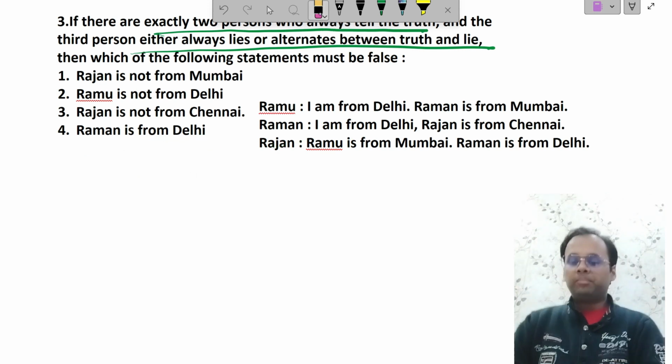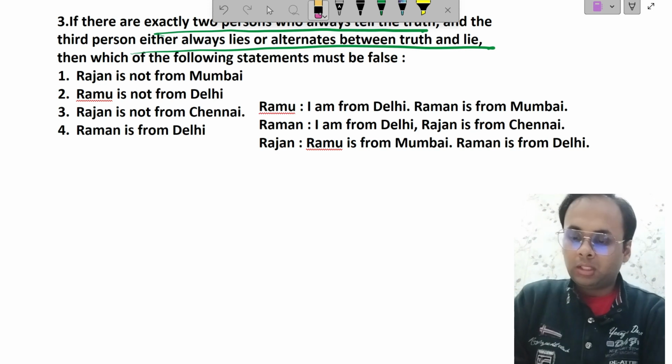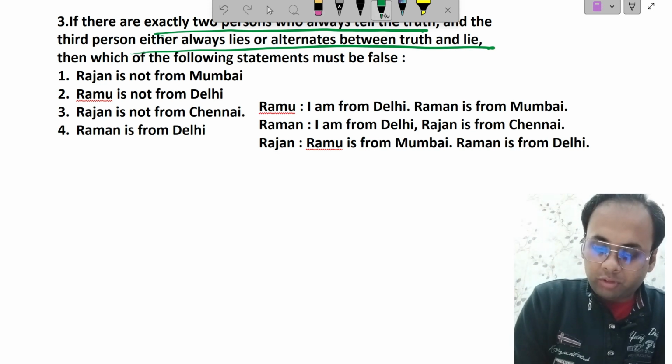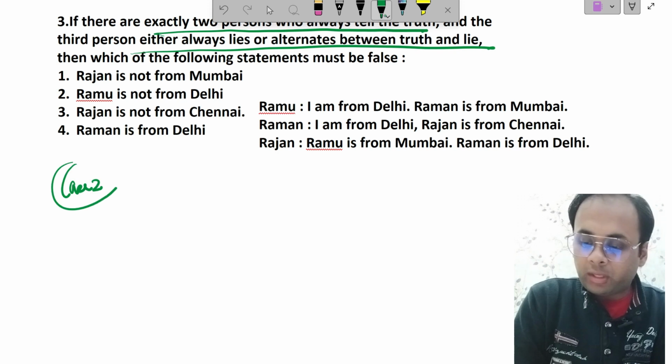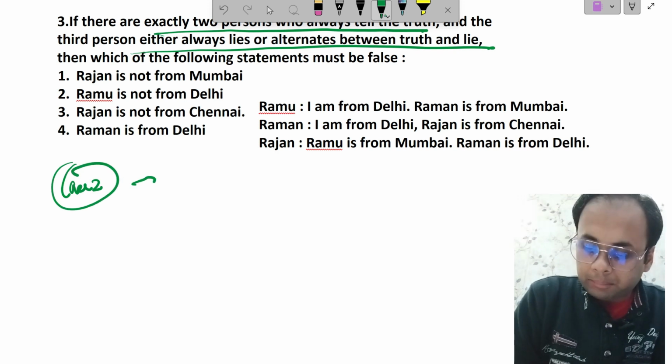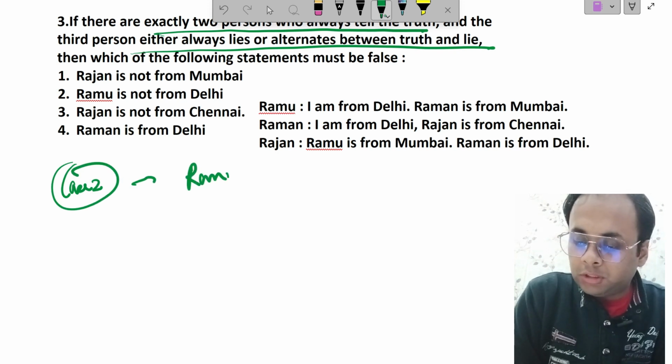These are the statements which have been made in the master statement. So now we have to consider case number 2 and 3 which we have ignored previously. So case number 2, what we had considered, that Raman is speaking the truth.